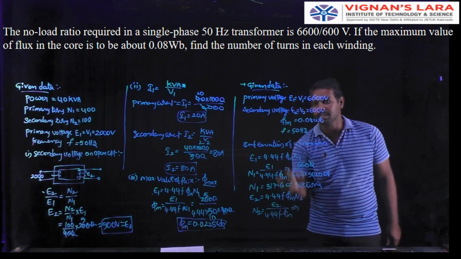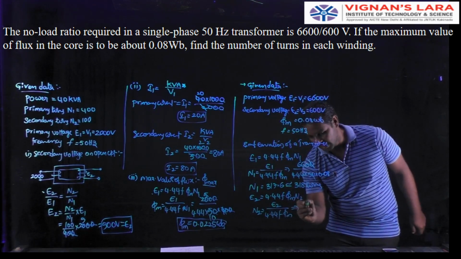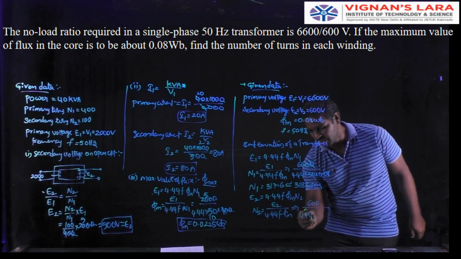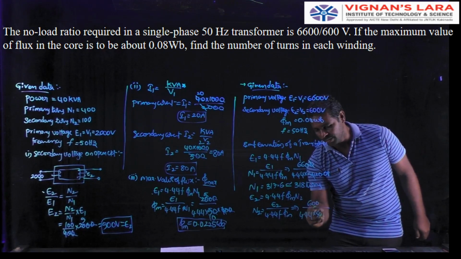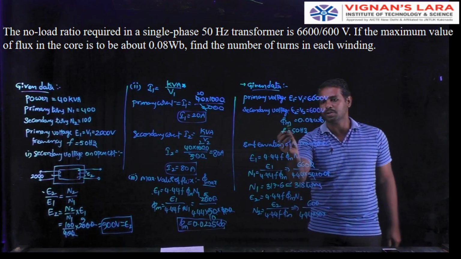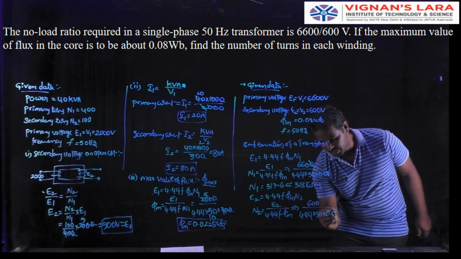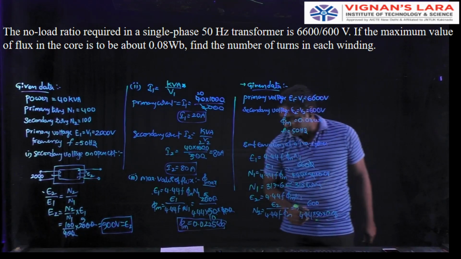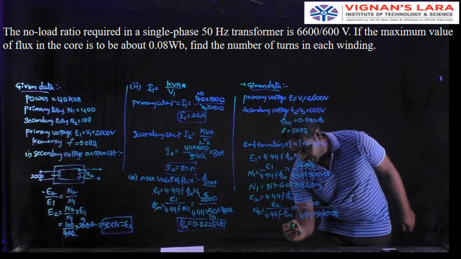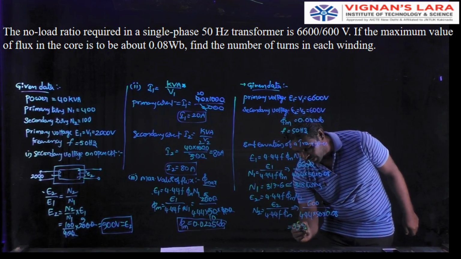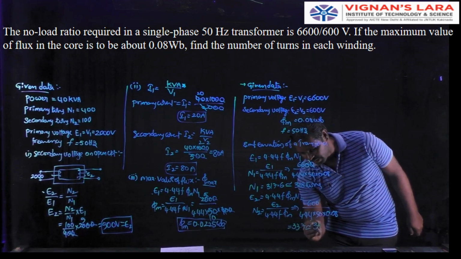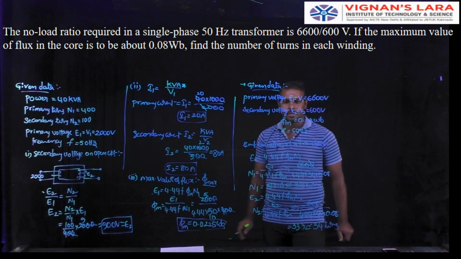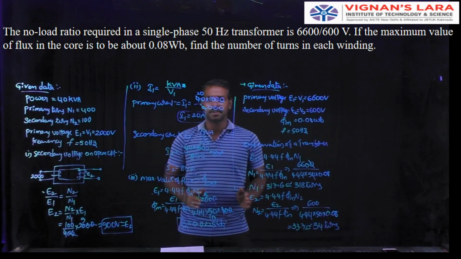Substituting the values, 600 divided by 4.44 into frequency 50 into phi m equal to 0.08, is equal to 33.7, approximately 34 turns. So these are the simplifications of both the problems.